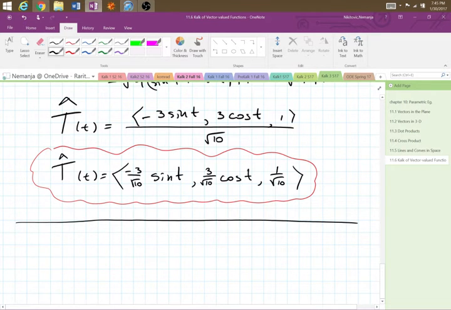So the unit tangent vector is going to be the vector v for the tangent line to the space curve. Okay? So the parallel concept to the tangent line from Calc 1 is going to be tangent plane.